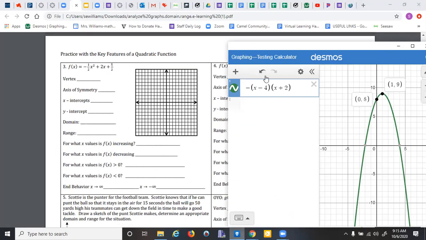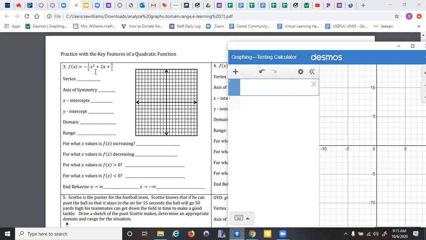All right, let's do number 3. What format is this one in? Standard form. Good. What does standard form give you? Y-intercept. Good. So your y-intercept is 0, 5 over 2.